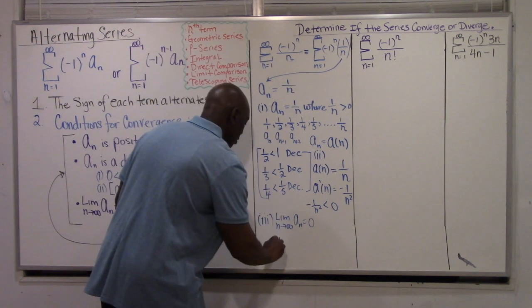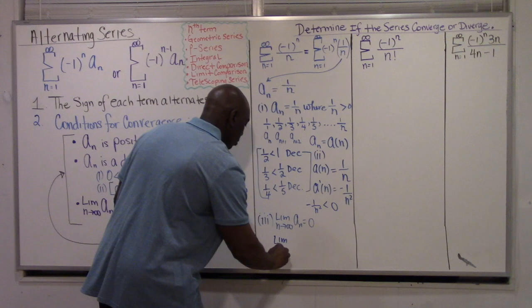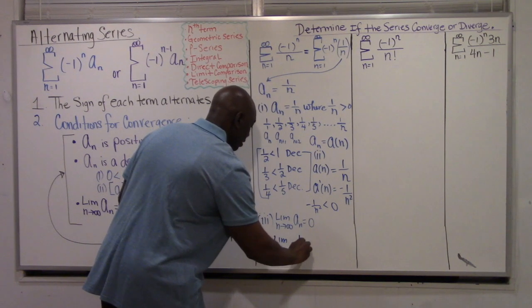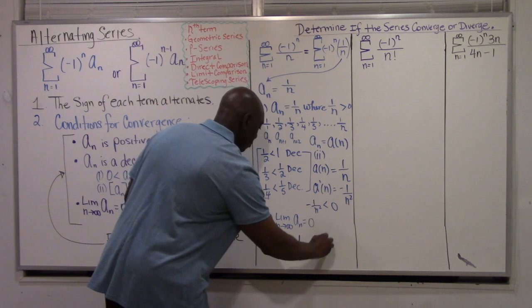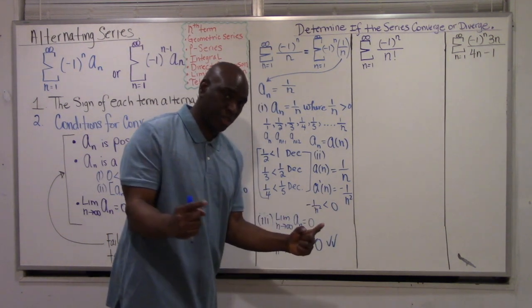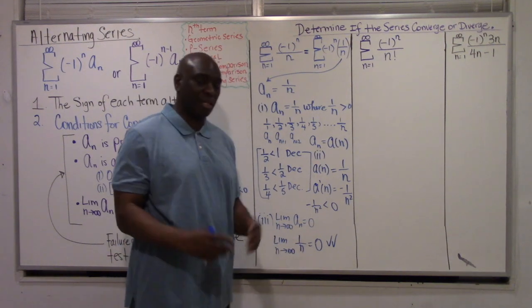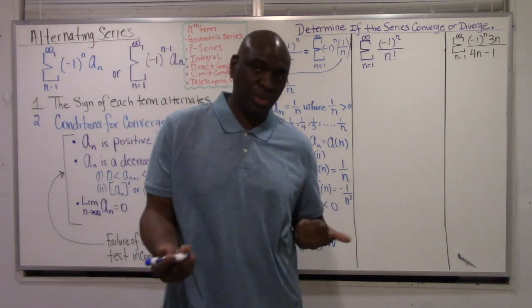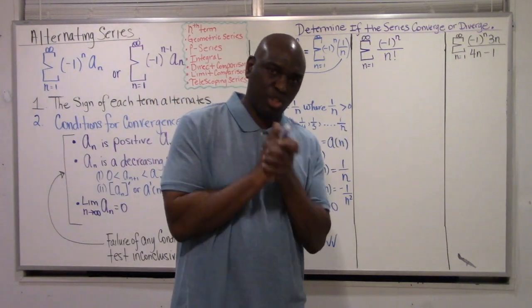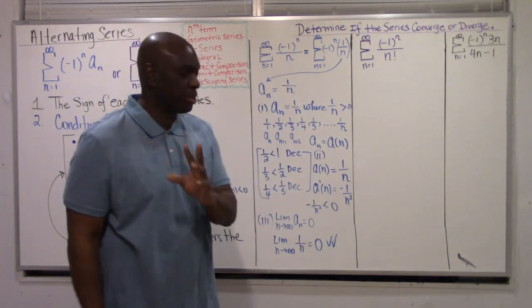The limit as n approaches infinity of 1 over n is 0, because as n gets very, very large, 1 divided by a large number gets very, very close to 0. As n gets larger, 1 over n gets increasingly smaller, and it approaches 0.